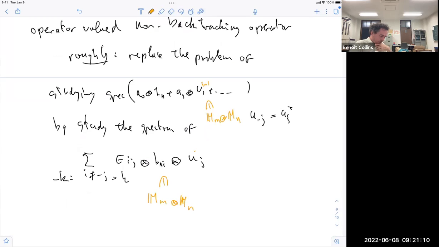Maybe I should have said that. Here, I am enlarging even further the matrix.